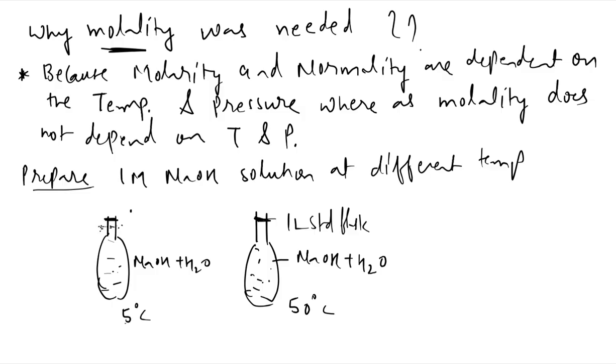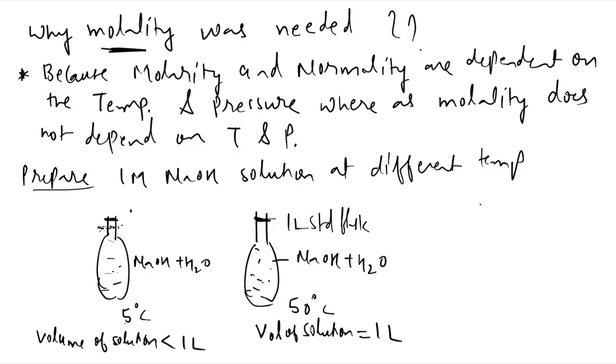So in the first case, the volume of solution is the same as 1 liter, up to the mark. This mark represents 1 liter of solution, but in this case the volume of solution will be less than 1 liter.